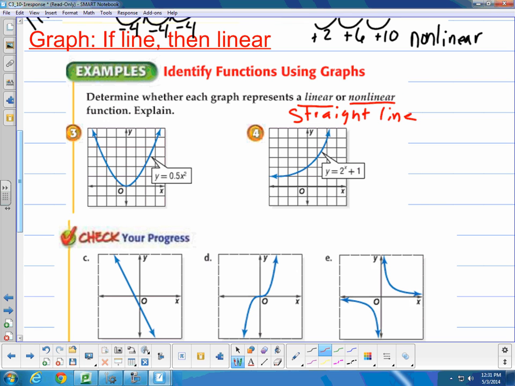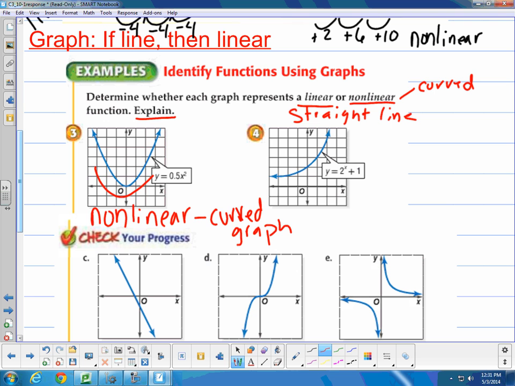So that would be something like if it's curved at all. So looking at example 3, what do we see? A line that kind of looks like a U or a V. It has a curve. Since it has a curve, it is nonlinear, and we would explain that by just saying that it is a curved graph.